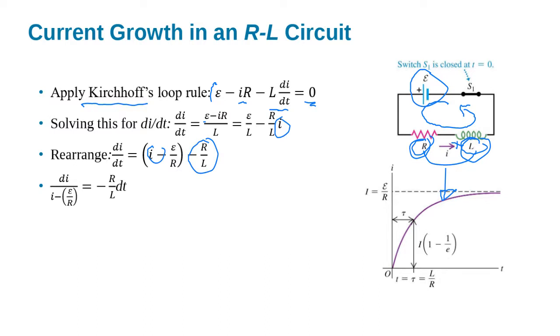Then we can bring this dt over this side and this I minus epsilon over R to this side, so we get di over I minus epsilon over R equals R over L dt. So we've now got the R over L on one side, resistance divided by the inductance.